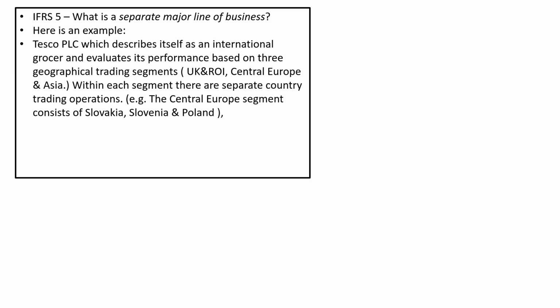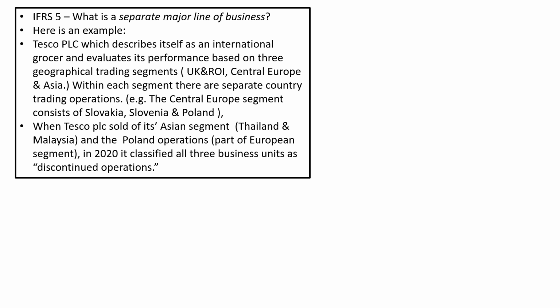For example, the Central European segment consists of Slovakia, Slovenia, and Poland. When Tesco plc sold off its Asian segment, which consists of Thailand and Malaysia, and the Polish operations, part of the European segment, in 2020, it classified all 3 as discontinued operations.